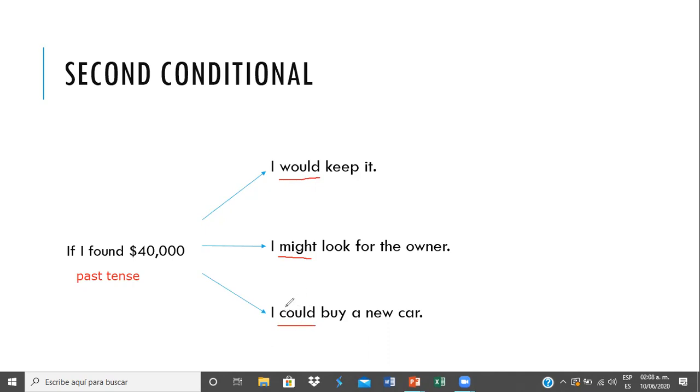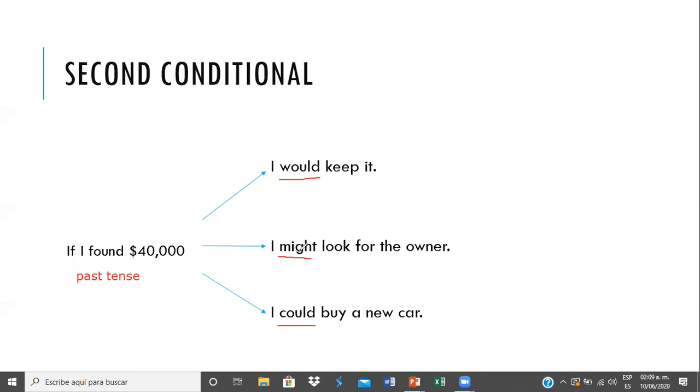Remember that could is for when you have the ability to do something. In this case, if you had $40,000, what can you do with that money? Well, you could buy a new car. So again, if I found $40,000, you can use would: I would keep it. You can use might: I might.